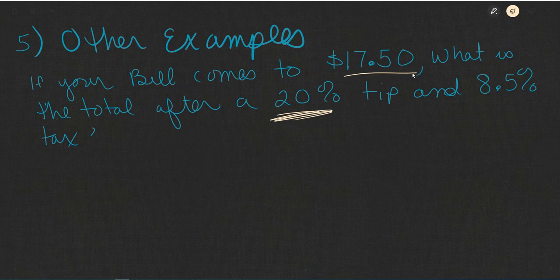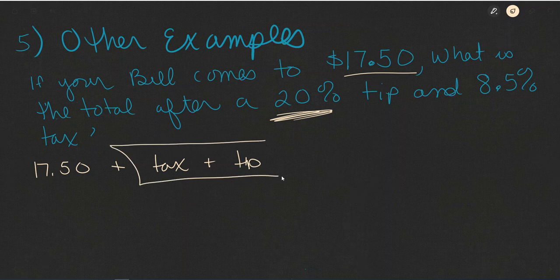Let's understand the problem that we want to take our $17.50 and we want to add the tax and the tip, right? Well, if we do this tax and tip added together first, it's going to shorten our process.